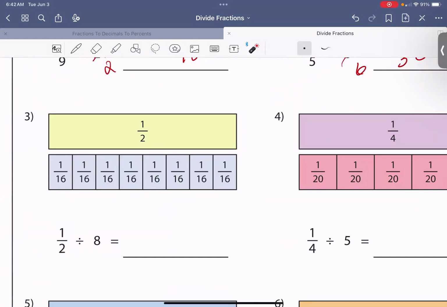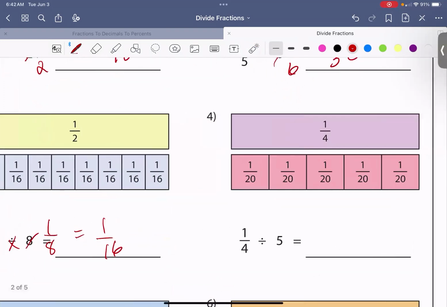1/2 divided by 8 becomes 1/2 times 1/8, which gives us 1/16. 1/4 divided by 5 becomes 1/4 times 1/5.